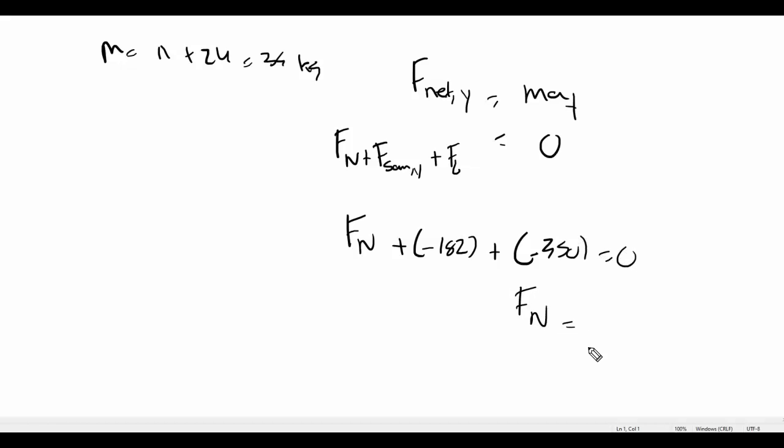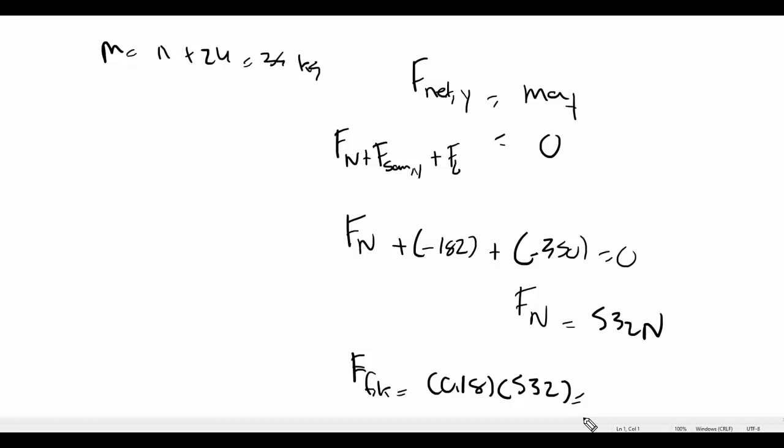So I get a new normal force, and that gets me a new force of kinetic friction. FFK is now equal to mu k, which is 0.18, times the new normal force, which is 532.